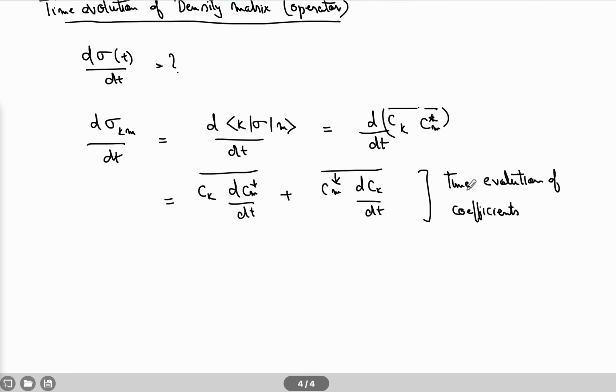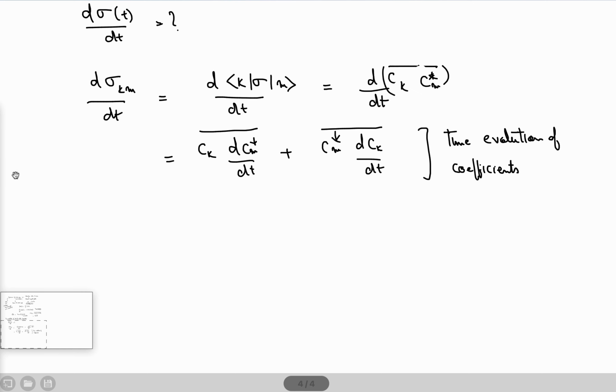Right, so let us try to find out the expression for these coefficients, the time evolution of these coefficients, which can readily be obtained using the time dependent Schrodinger equation. So let us see.